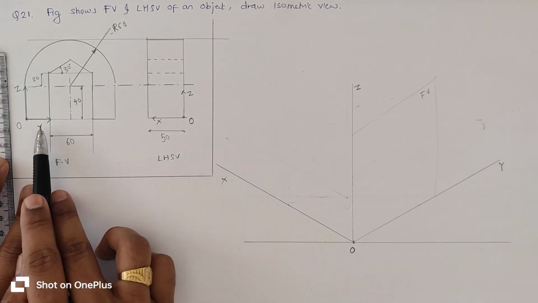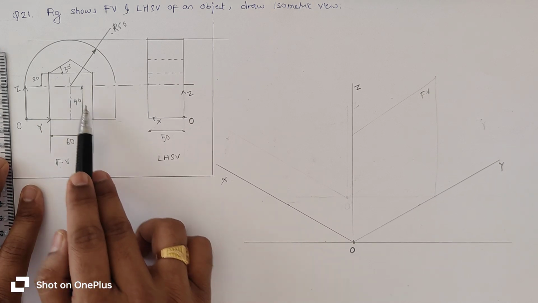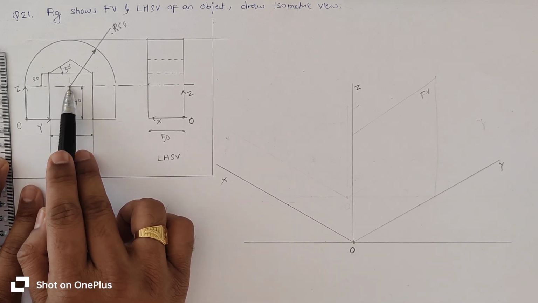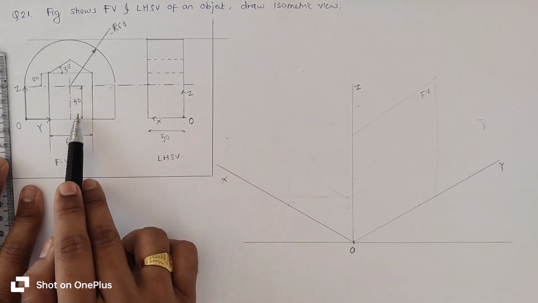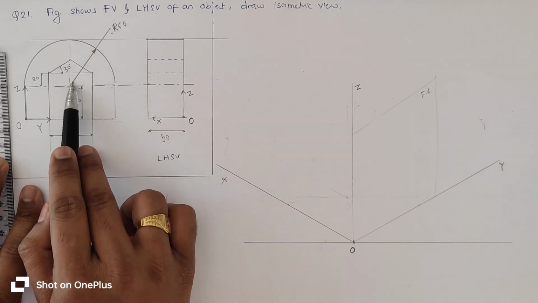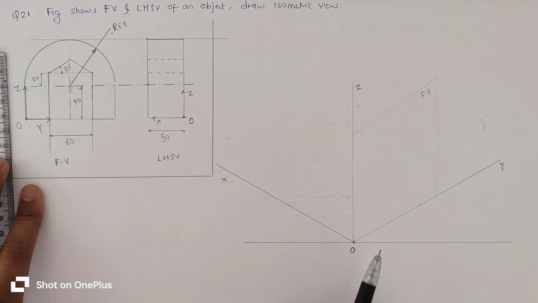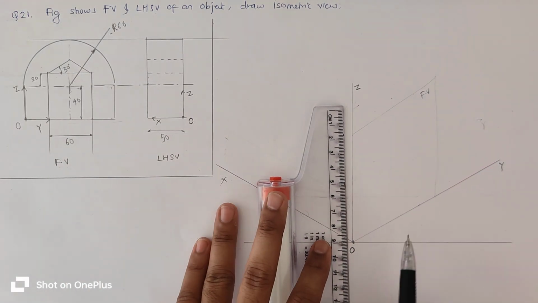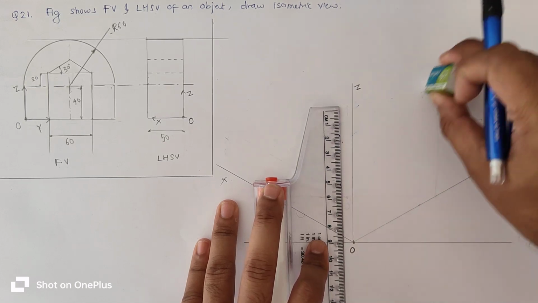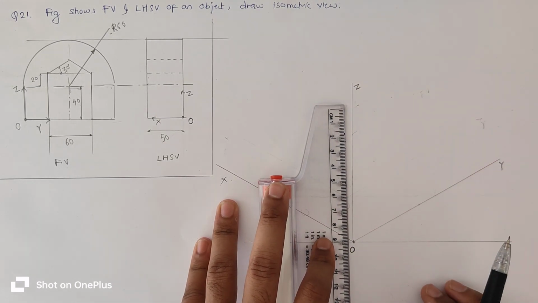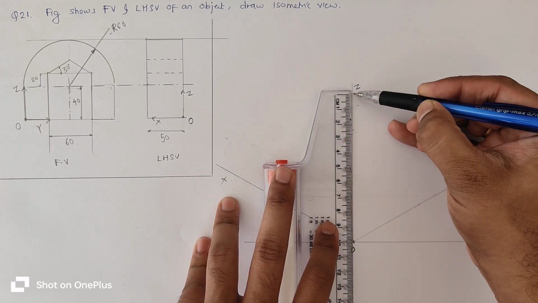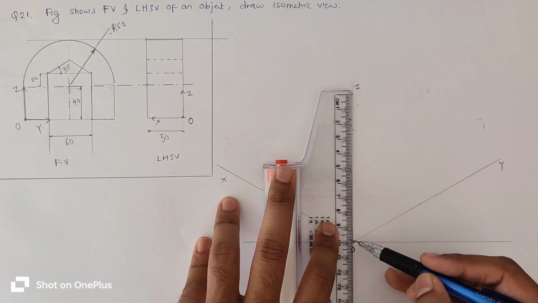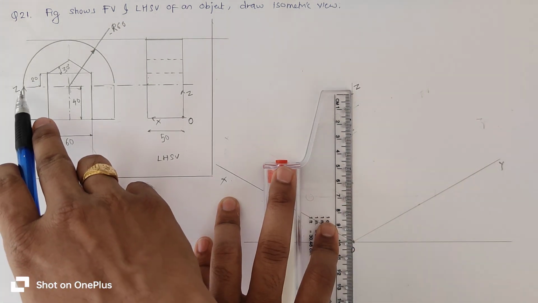So in front view we require total this length. As this is a semicircle and the diameter of semicircle is 120, right? As radius is 60, so diameter is 120 and total height is 40 plus this radius 60 plus 40, 100. So height required along Z axis is 100 and along Y axis we require 120. So first we will take distance 100. We will mark a point at 4 centimeter, this point.